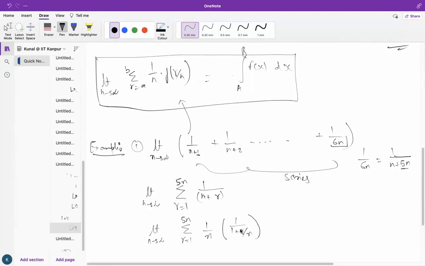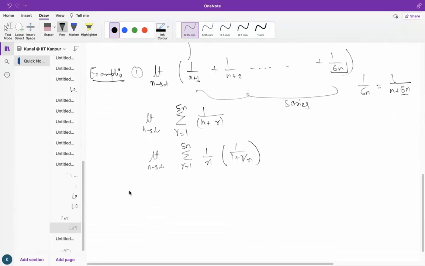Now it's time to replace the thing. We replace 1 by n with dx, r by n with x, and summation with integration.